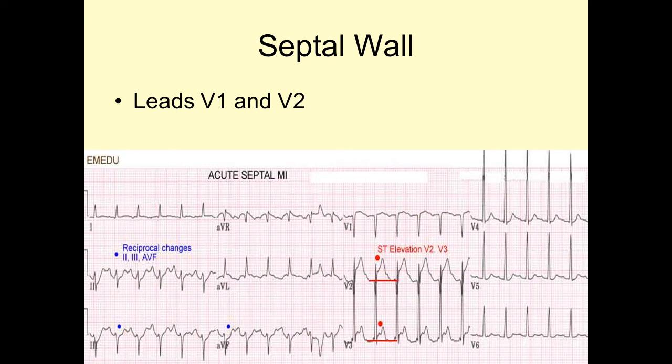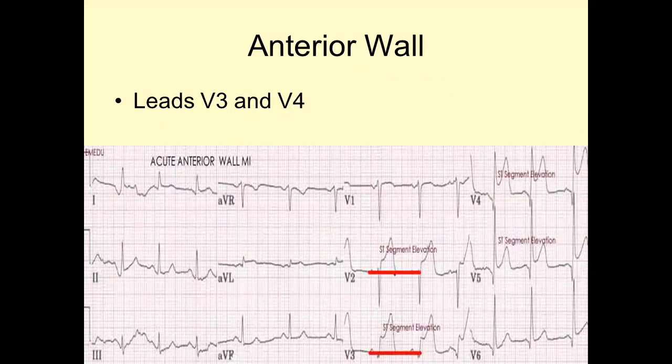Your J point is well above the isoelectric line, the ST segment is above the isoelectric line, and that is telling you that you have ST elevation in V1, V2, and also in V3 on this particular slide. And there's your anterior, so again, you can see the ICL leads, V3 and V4 is the anterior wall, and you can see that you have ST segment changes in V3 and V4 both.